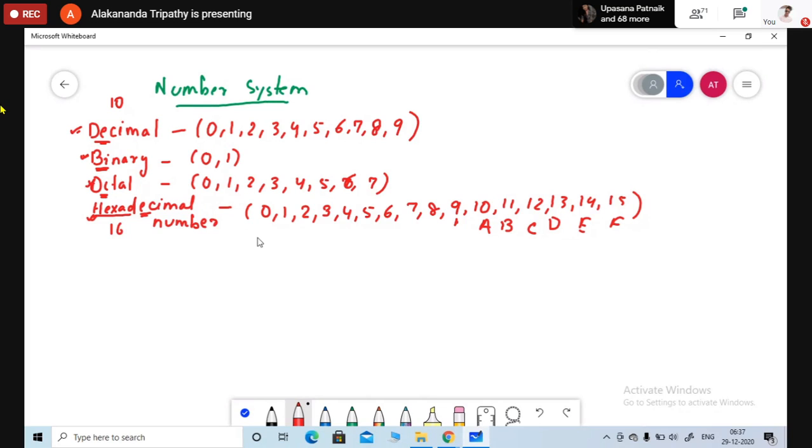Okay. Now the next thing we are going to do is decimal to binary conversion.